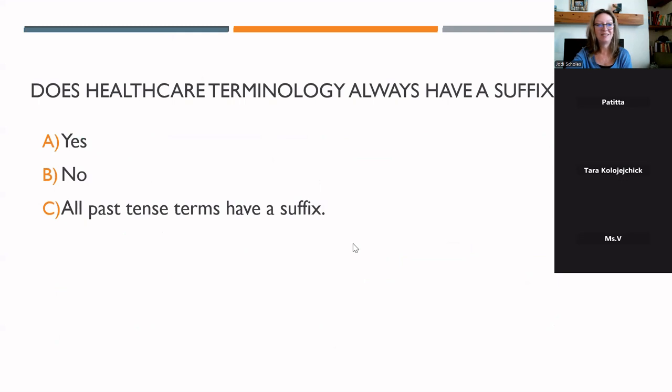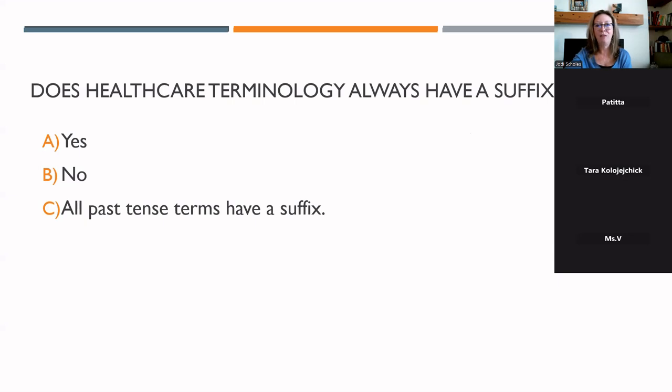Next question. Does healthcare terminology always have a suffix? Very simply, yes, no, or all past tense terms have a suffix.